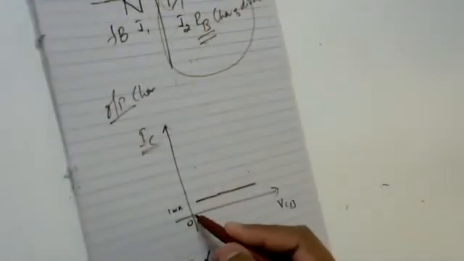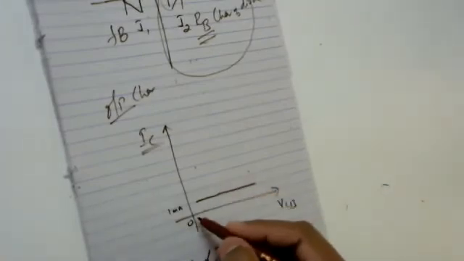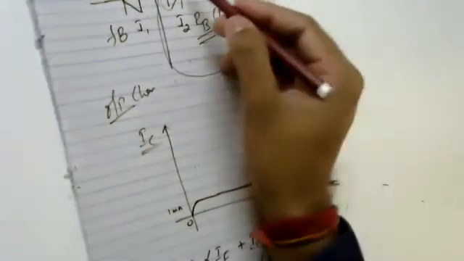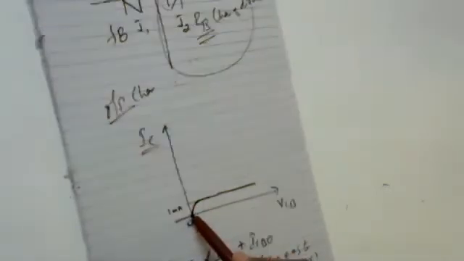And since we are applying some reverse voltage, this saturation is seen in a linear path. So the diode witnesses this maximum current not instantaneously, but slightly linearly.